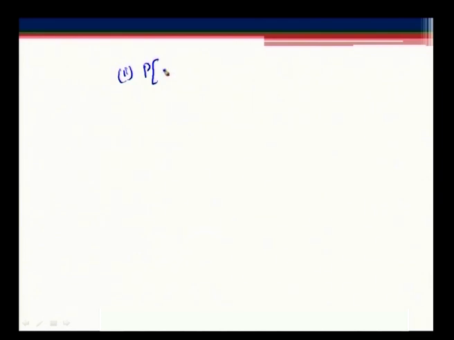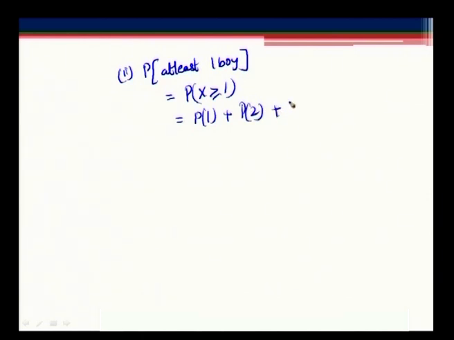Then coming to the second subdivision, probability of at least one boy. What is the mathematical expression for at least? P of x greater or equal to 1 is actually P of 1 plus P of 2 plus P of 3 plus P of 4. Finding this is comparatively longer, so we find P of x less than 1.